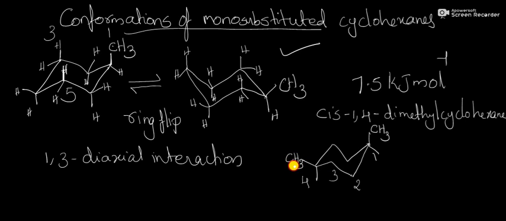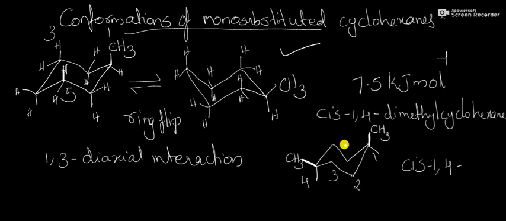So one CH3 group will be in the equatorial position. That is, this axial CH3 group is upward, and here the equatorial CH3 group is also upward. So both substituents are upward. This is called a cis conformation, and 1,4 are the positions of the CH3 groups.